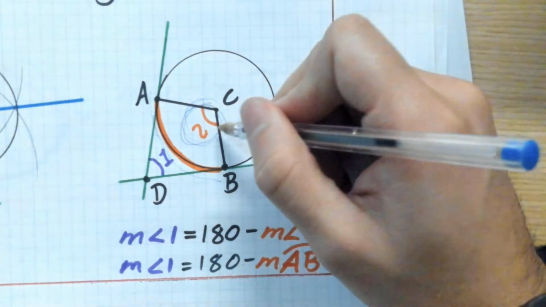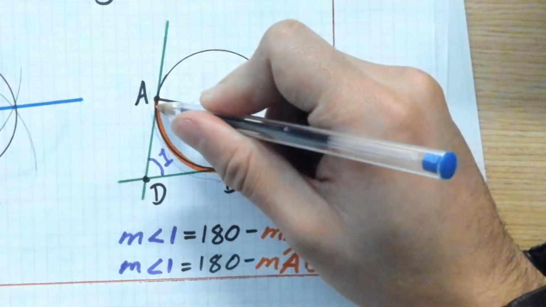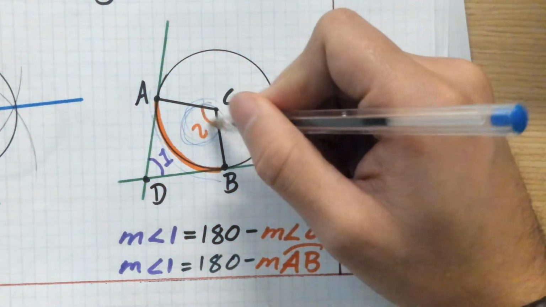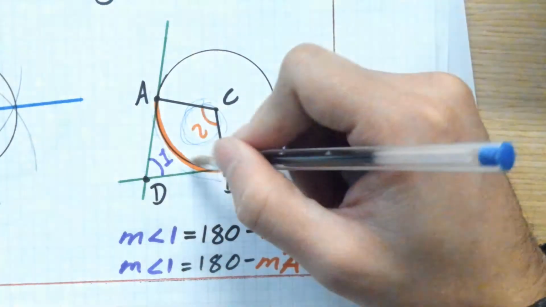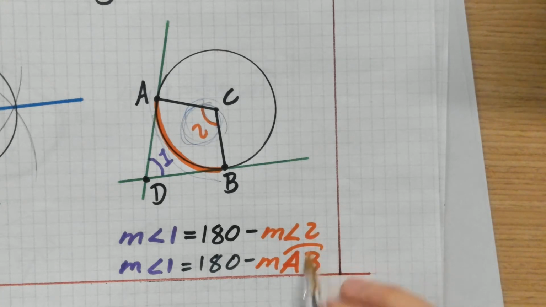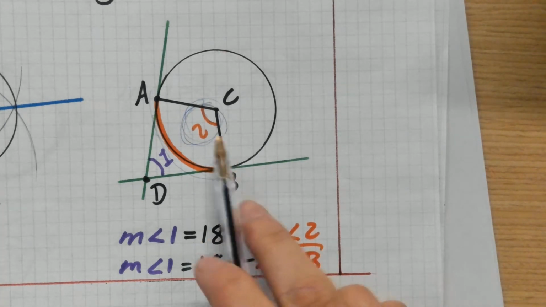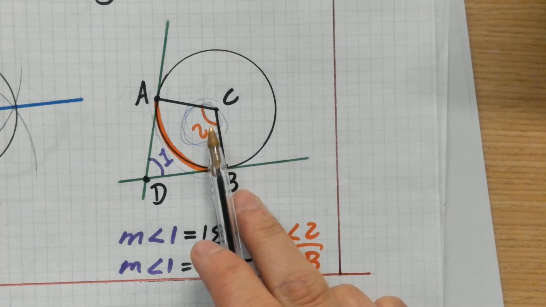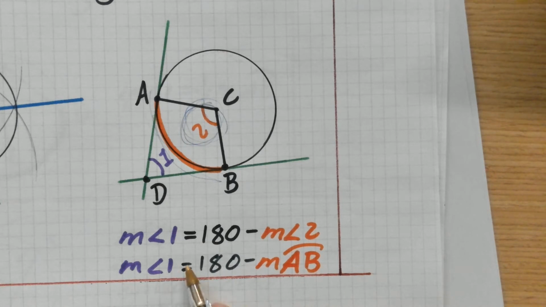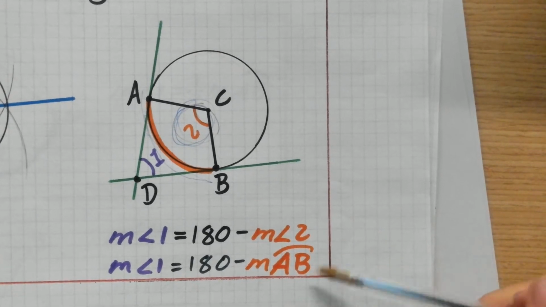Because this angle is a central angle, it measures the same as this arc. So if this angle measures 30, then the arc also measures 30. So I can make two equations, one using the angle and the other using the arc. The angle outside equals 180 minus the angle, or the angle outside equals 180 minus the arc.